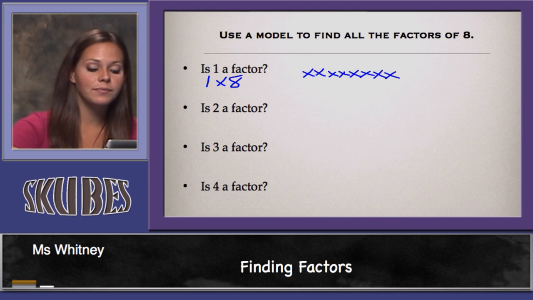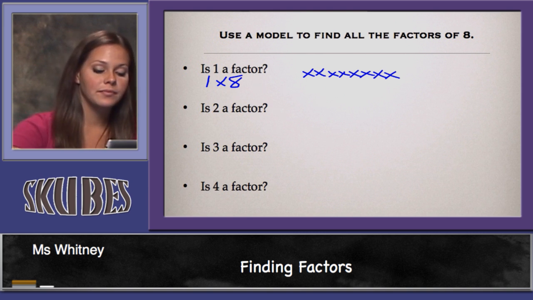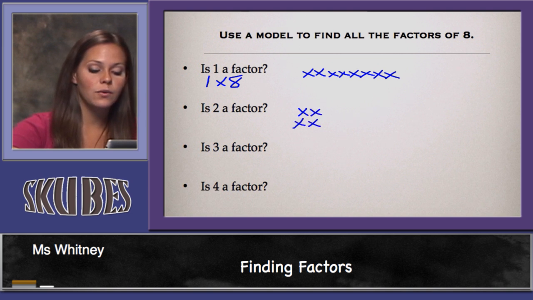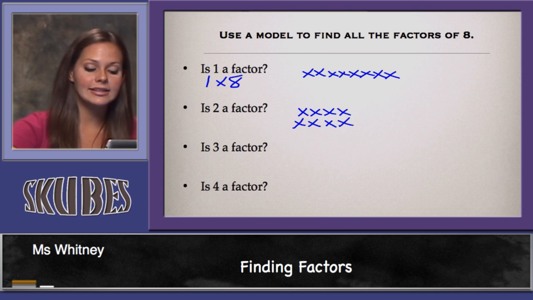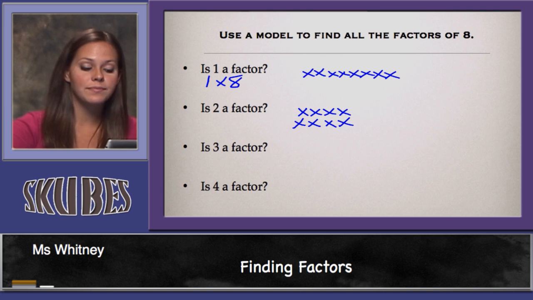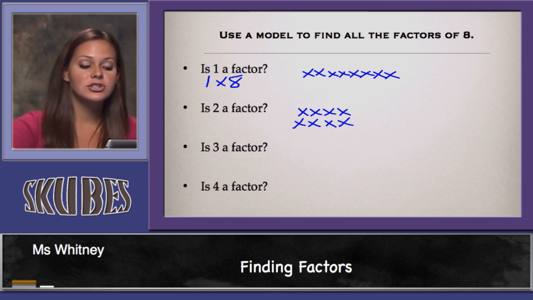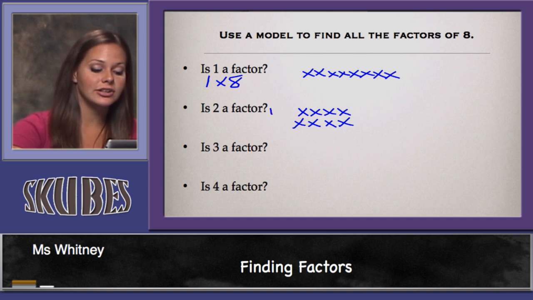We're going to model 8 divided into 2 rows. 8 divides evenly into 2 rows. 2 times 4 equals 8. So 2 is a factor of 8.